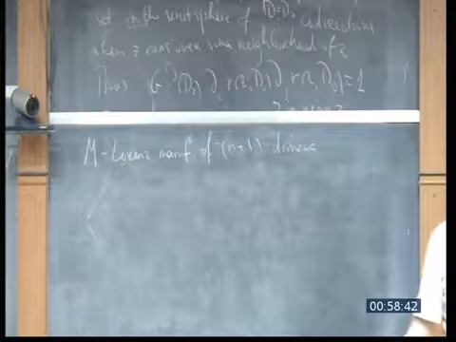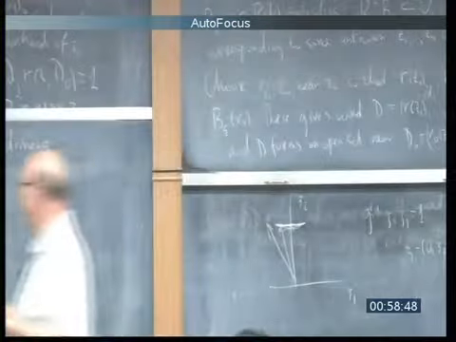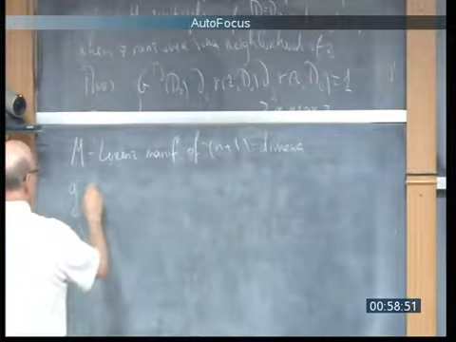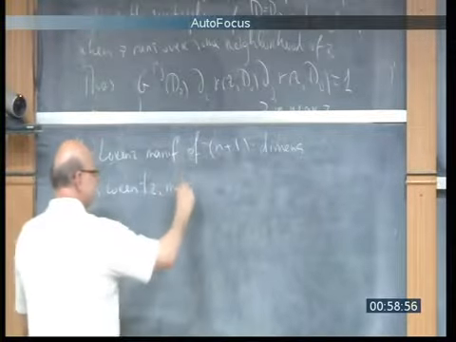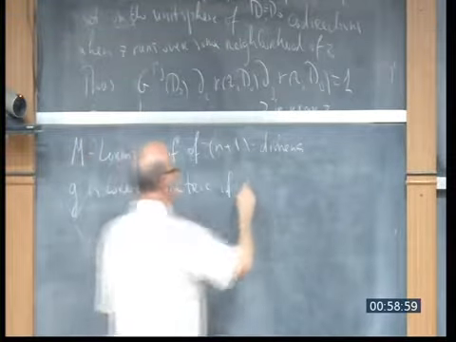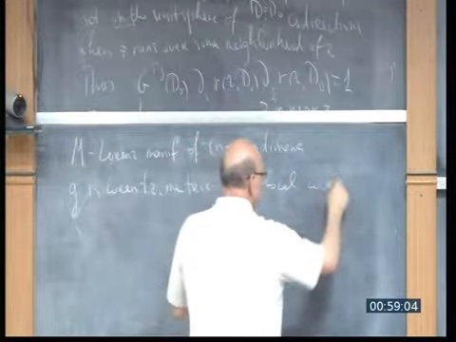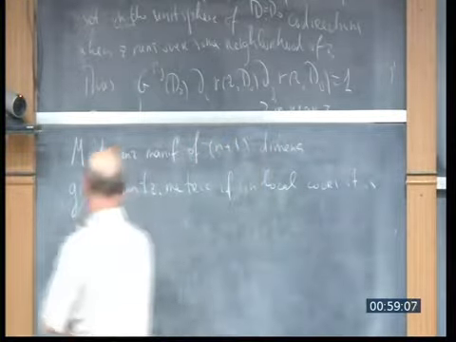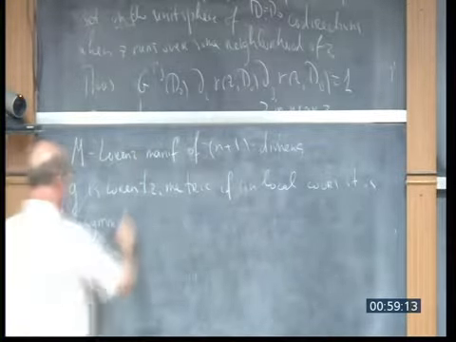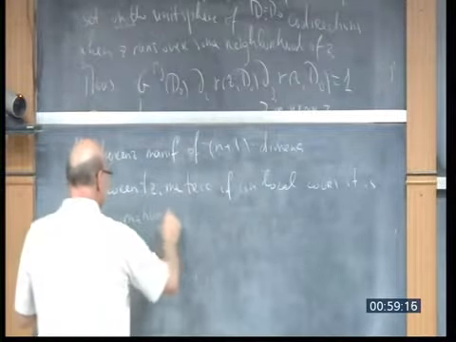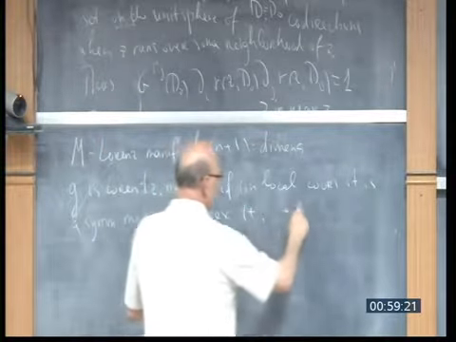A Lorentzian manifold is a differentiable manifold with a Lorentzian metric tensor G. In local coordinates, or actually in any coordinates, it is a symmetric matrix, smooth of course, everything is smooth, of index plus, minus.